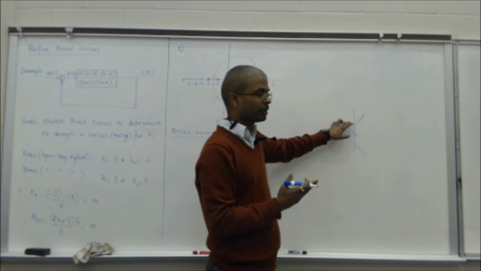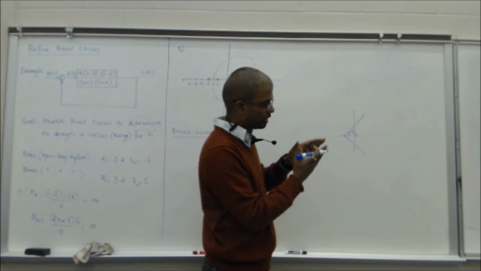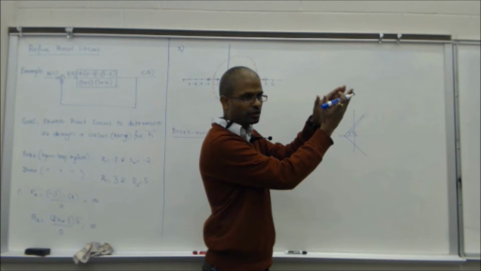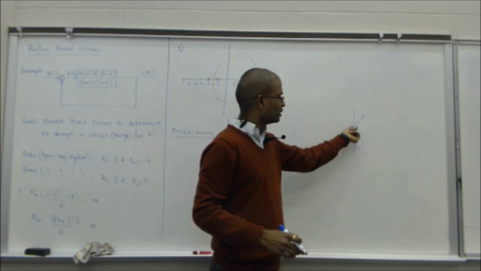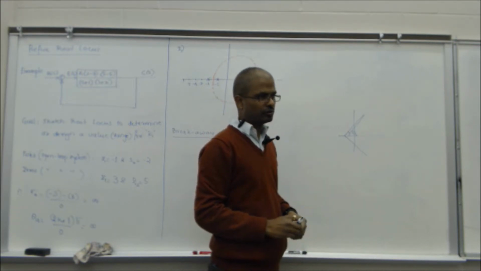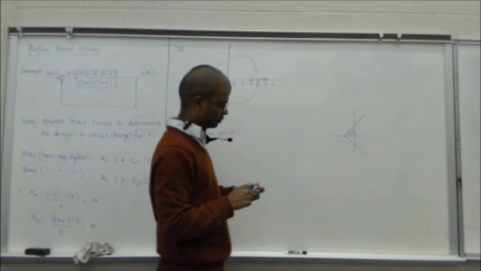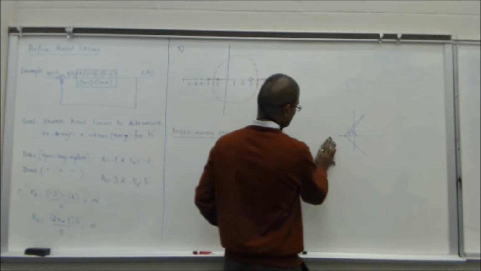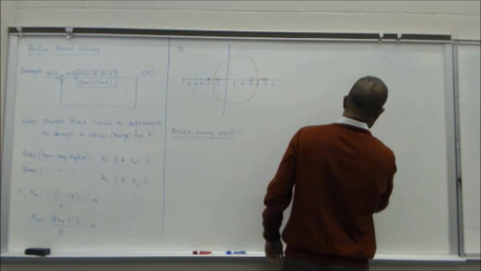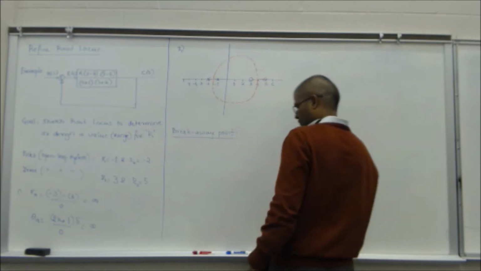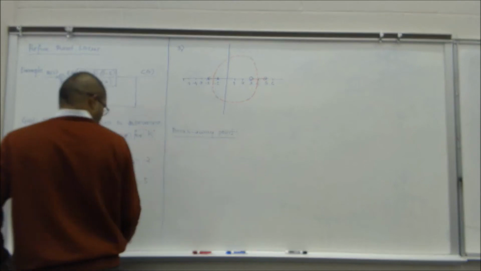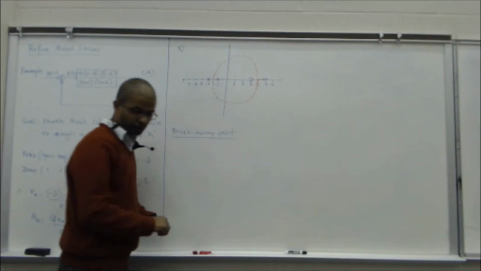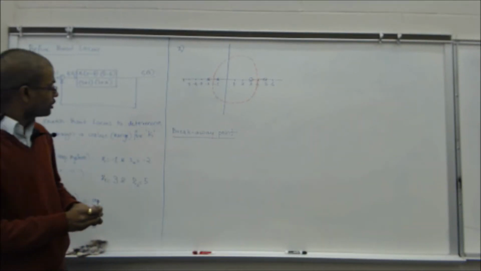It would meet this line at infinity. It will always get close, close, close, but it will never touch it. So these two are asymptotes. Okay. So breakaway points, we need to figure out breakaway points. Now what is k?